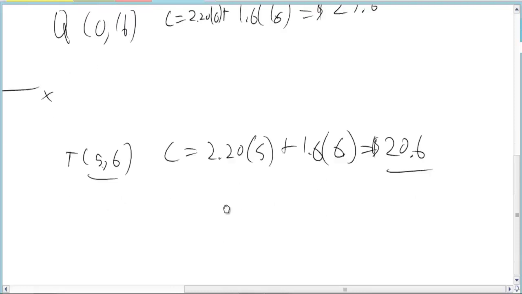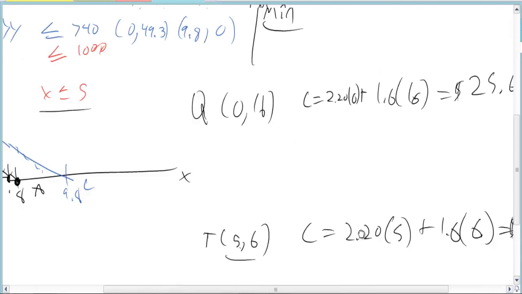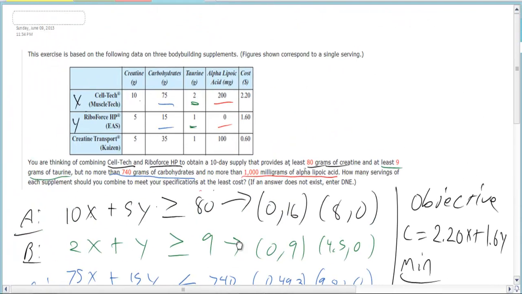So we're going to say that there is a minimal cost of $20.60 when you purchase five servings of X. Now what was X? Way back to the top, the Cell Tech.